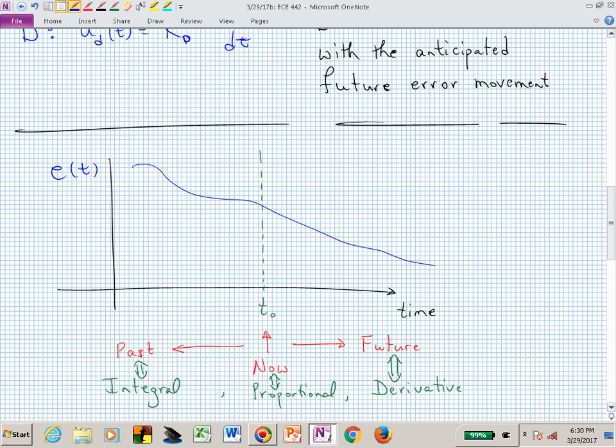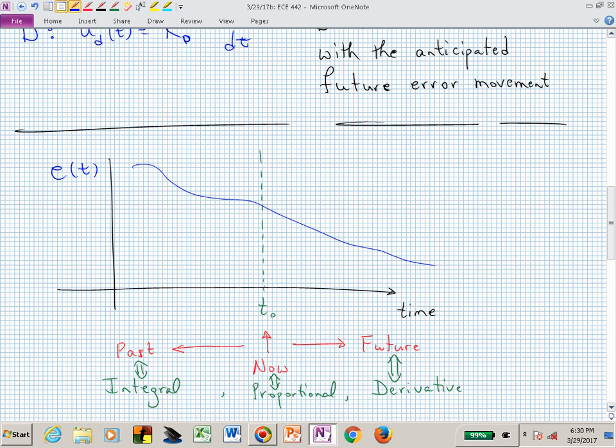Or if you want to make your system more anticipatory in terms of how it behaves, then you might adjust the derivative gain. And we'll see that we can adjust those three pieces to move poles and zeros around in our controller to maybe change the dynamic behavior of our closed-loop system.